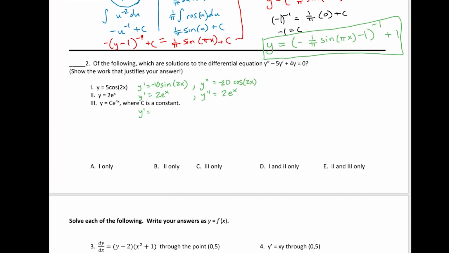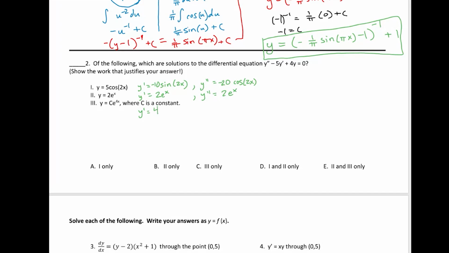So normally when we differentiate e to the x, we just get e to the x. But when we differentiate e to some function of x, then we need to multiply by the derivative of that expression. So in other words, long story short, we got to multiply by 4.